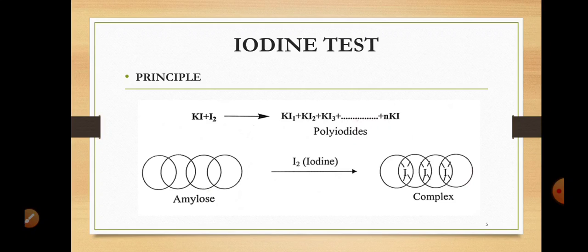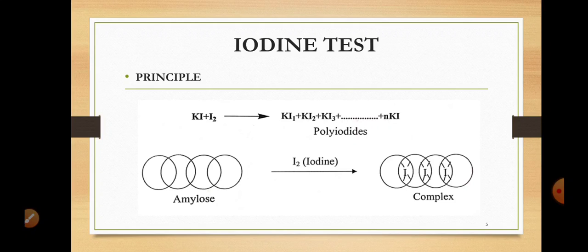Because of its coiled, helical structure, it was capable of trapping the iodine. When you are heating, you are supplying additional heat, which disrupts the coil structure, whereby the iodine which was trapped comes out.